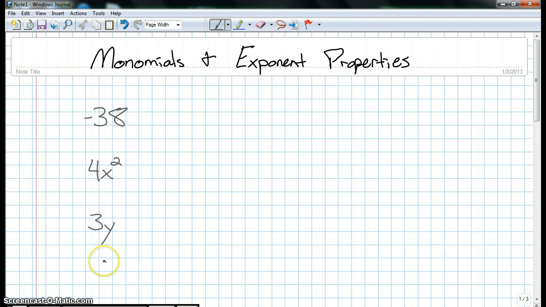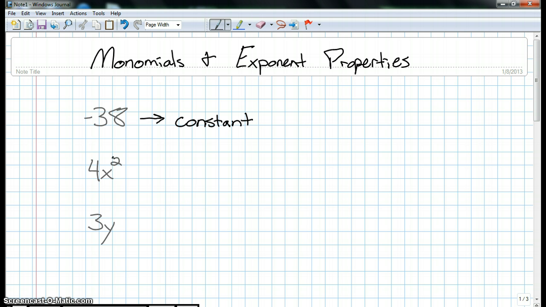But these are three different types of monomial expressions. The first one right here, negative 38, is just considered a constant. This is a review of what we talked about today in class, so hopefully this is pretty fresh in your memories. The 4x squared here, because x is being squared, what type of expression is this?